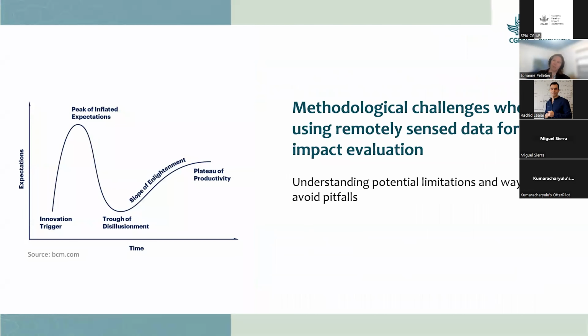But people can get very excited about the expectation of what can be done with Earth observation. And it's true, there's a lot of new opportunity that comes from satellite remote sensing, but there are also real challenges for its use in impact evaluation.